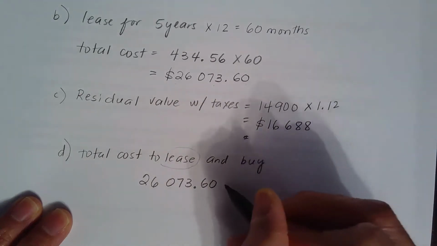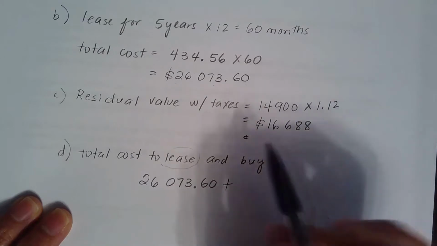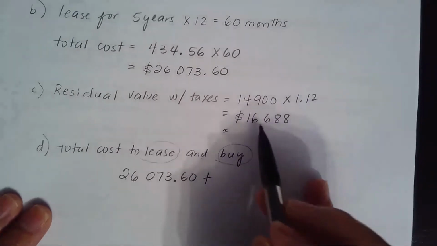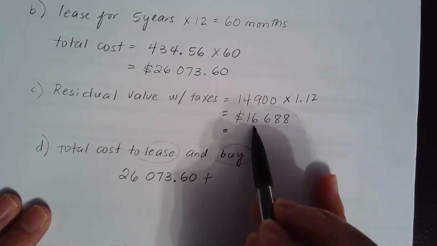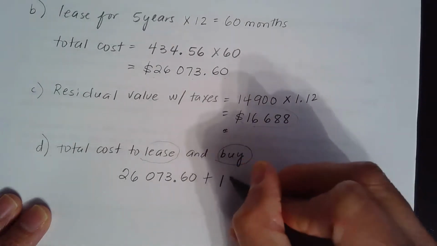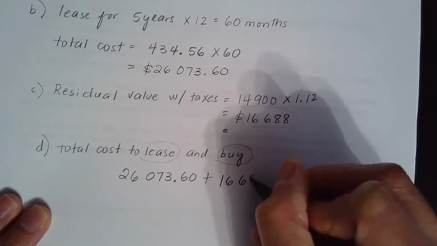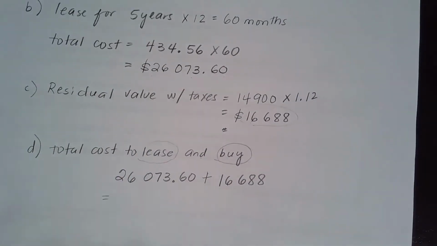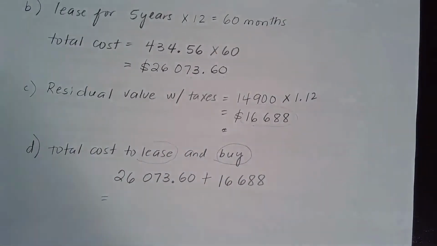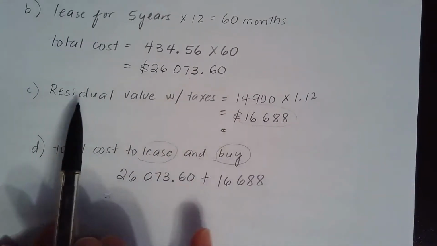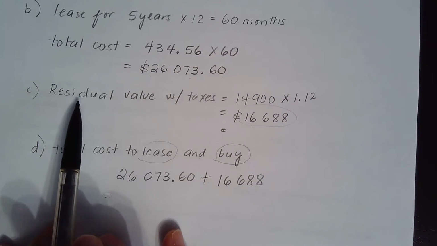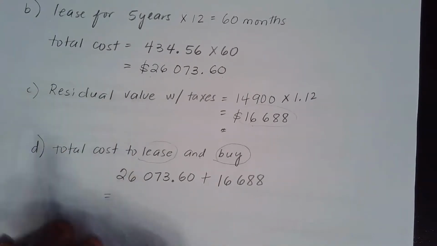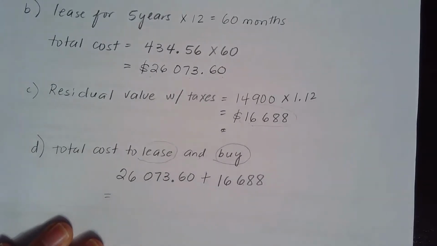And so we're going to put plus buying. So how much would it cost? It's going to be the cost to buy, 16,688. We're only paying for the residual. Residual means the remaining value of the car. So that's that one with taxes.